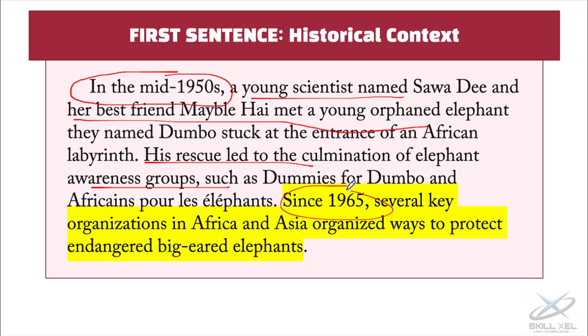Right. So, since 1965, notice the thesis has changed a little bit in here. I added a year just because I use historical context. So I'm trying to transition from the time of the beginning to the time of now, right? Since 1965, that means ongoing until now, several key organizations in Africa and Asia organized ways to protect the endangered big-eared elephants.